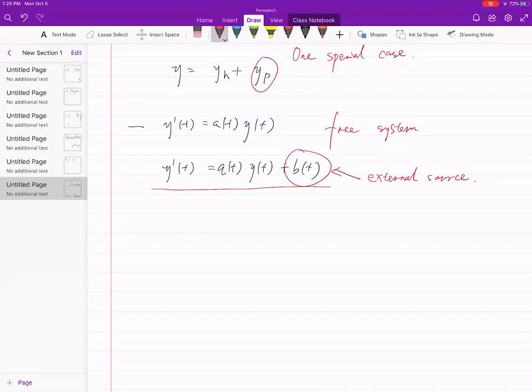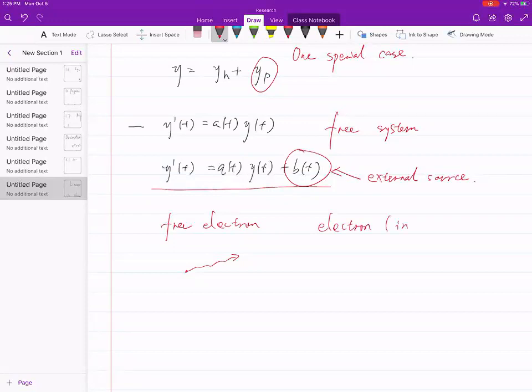For example, you can have a free electron that satisfies a certain kind of motion equation, which is homogeneous. Okay, that's moving a certain way. Now, what you can do is you can have an electron, but this time it's not free.